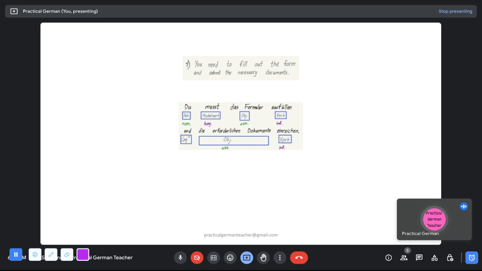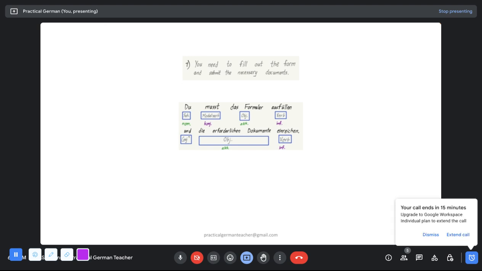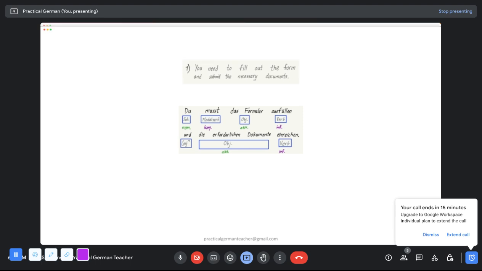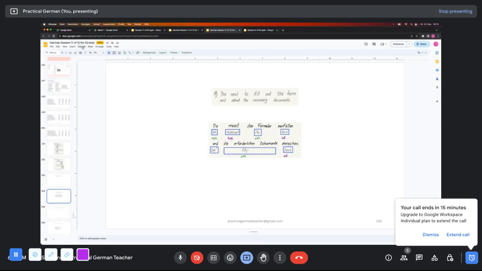Notwendig is something like, it's needed for sure. It's not going to happen without it. In my head, it's mandatory. Nötig I never use, and I will tell you why.